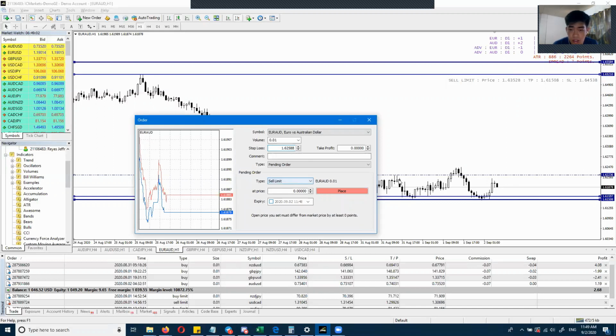And then the price is 1.62236. And then profit natin is itong 1.61508. 1.61508.